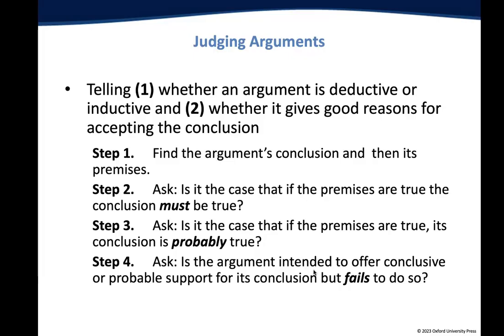If it's inductive, whether it is strong or weak. But then, again, you would ideally need to go that step further, and with deductive arguments, determine whether they're sound or not, and with inductive arguments, determine whether they are cogent or not. Some of the things that you're looking at now will help you with that part of making those determinations.